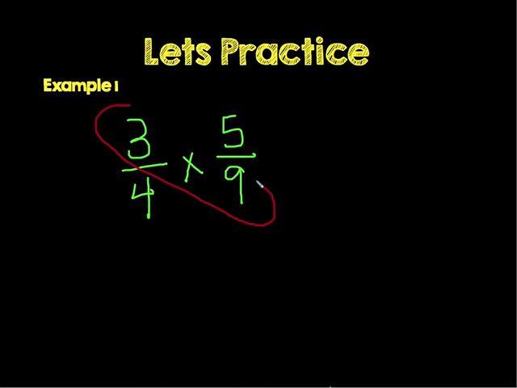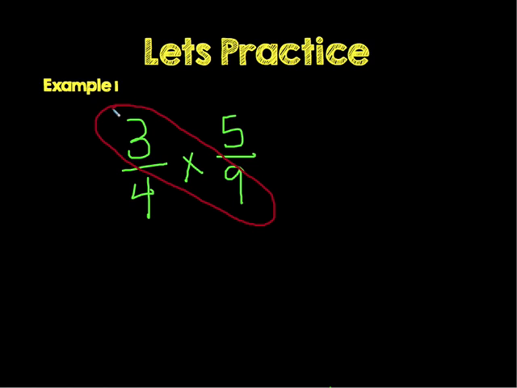Now, let's look at example 1. Example 1 is 3/4 times 5/9. So if I look at these two numbers and I look at the cross eyes, I'm going to circle the cross eyes. 3 and 9 are cross eyes.